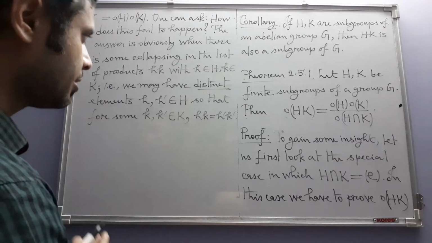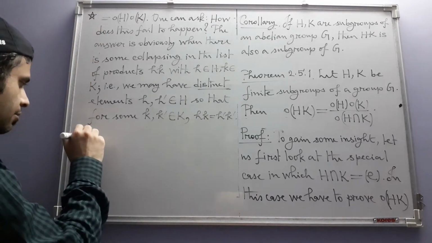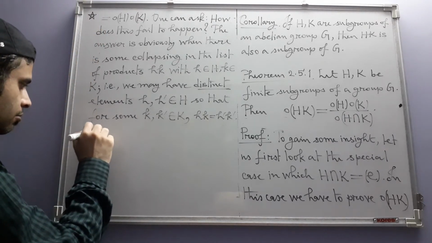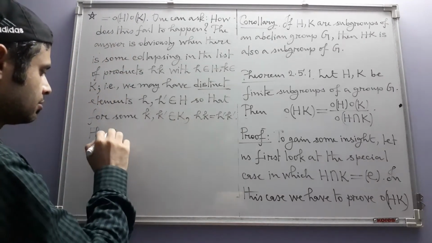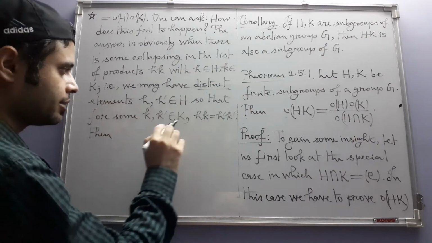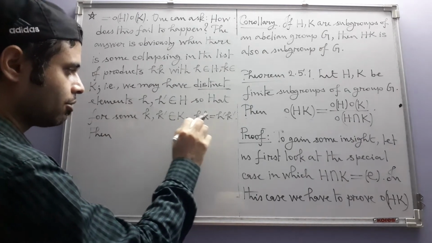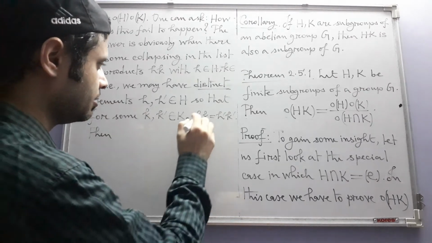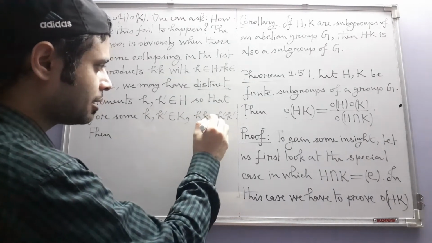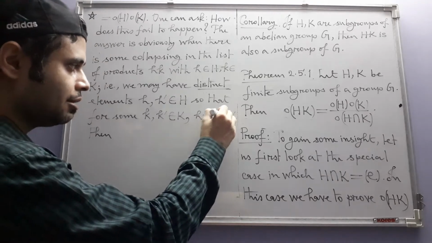But now what happens? Suppose this is the case, then we can manipulate this somewhat. What we are trying to do here is that we will take all the h's on one side and all the k's on the other side. So we can pre-multiply both sides by h prime inverse.